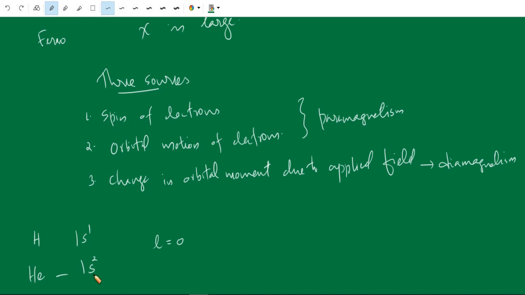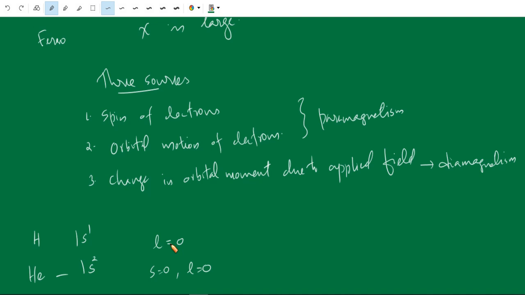Since this is in the s orbital, the orbital angular momentum is also 0. L is equal to 0, S also 0. Therefore, there will not be any paramagnetic contribution for the helium atom in the ground state. Therefore, only the induced magnetic moment is there. That is, for helium atom only diamagnetism exists.